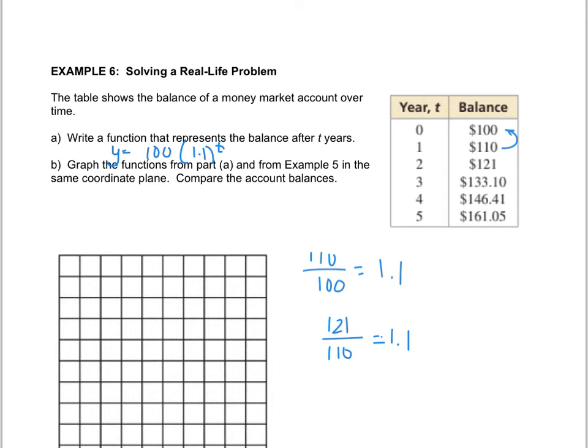Now, to save time, we're going to skip the graph, but what you would do is you would graph these values, you would make a chart, for example 5, graph those values, and then kind of see how the balances compare. All right, we got one more example to do.